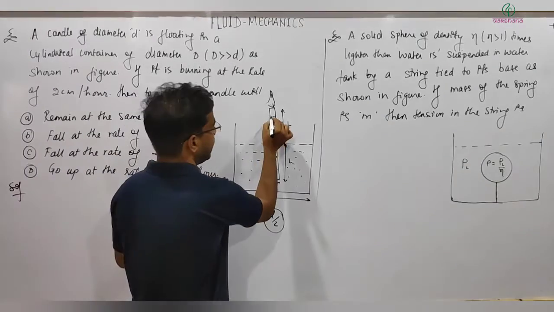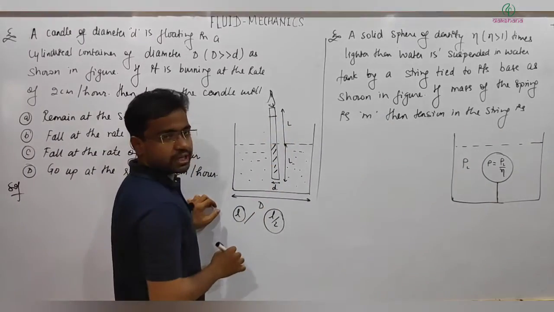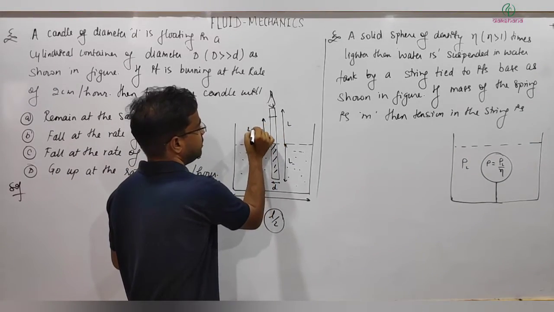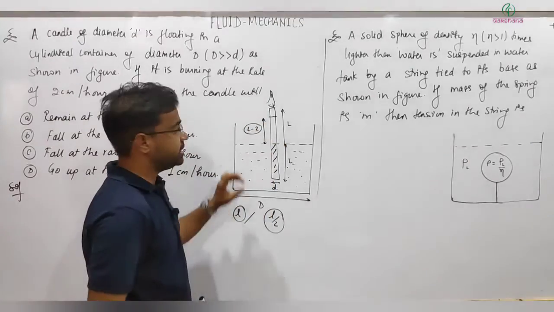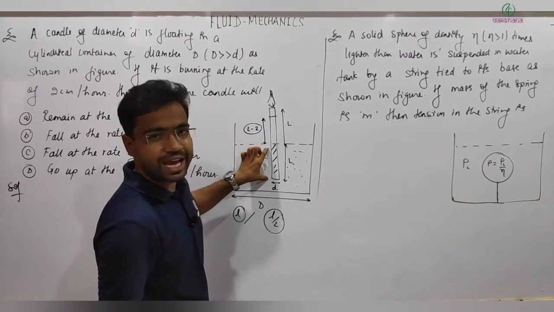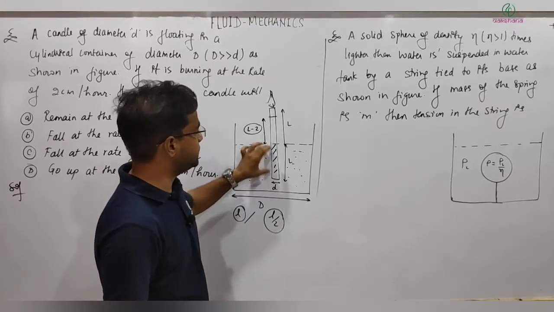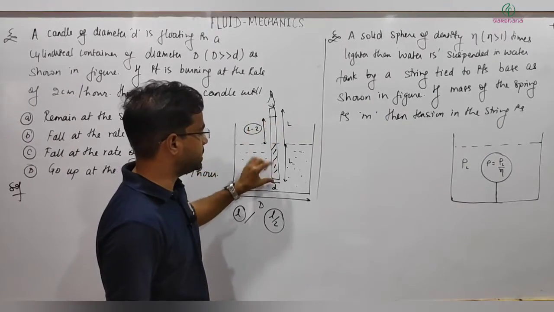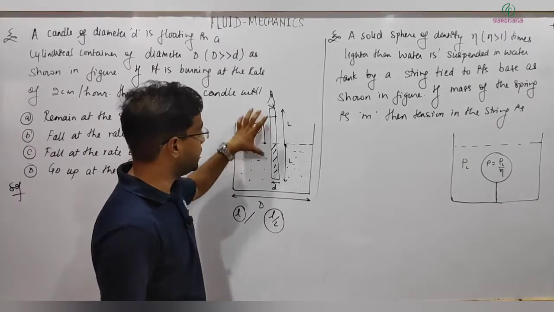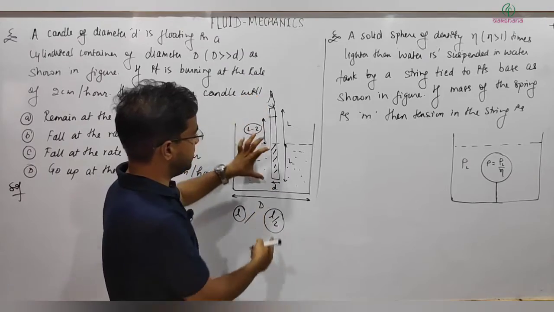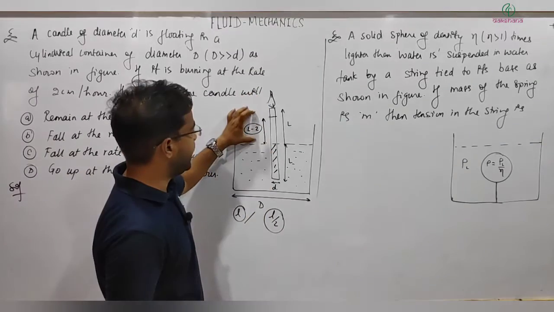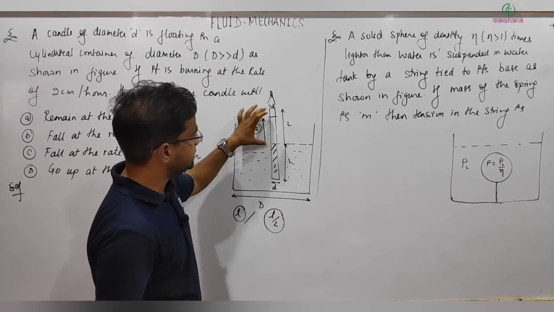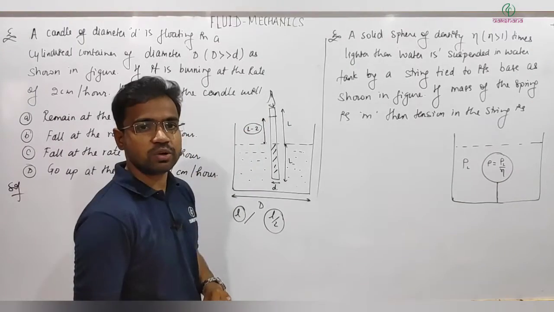So what does it mean now? If the candle length is decreasing by 2 cm in 1 hour, the length outside will be L minus 2 cm. But the inside cannot stay L, because in that case the total weight would be lower but more volume would be submerged, whereas earlier the total weight was balanced by this length. So now L by 2 is the length left, and the inside length must also be equal.